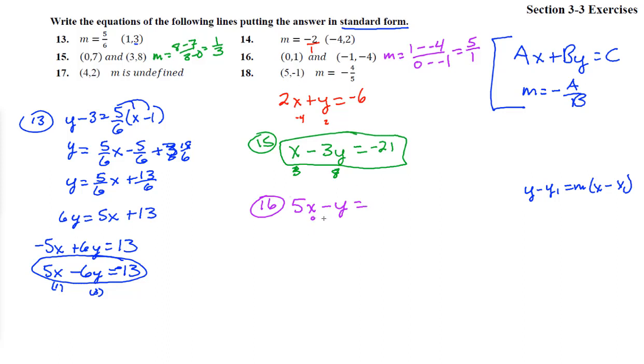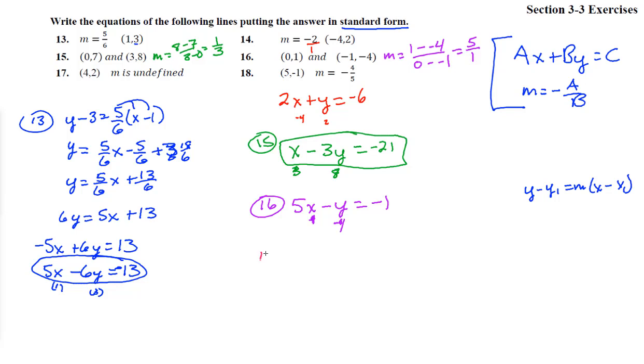If we stick in (0, 1), we get -1. And if we stick in -1 for x and -4 for y, we should get the same thing out. 5 times a -1 is -5 minus a -4. -5 plus 4 is a -1.